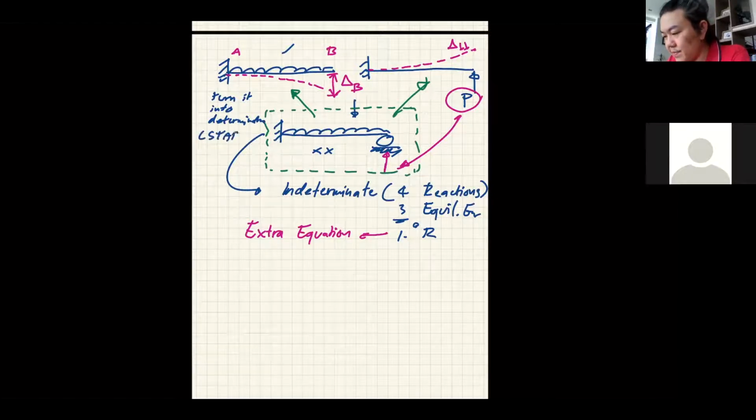You cannot create the determinate structure out of this indeterminate one and make it unstable. Now we don't simply call this a determinate structure, because it is the result of removing the redundant from our indeterminate structure. So this one is called a primary structure.